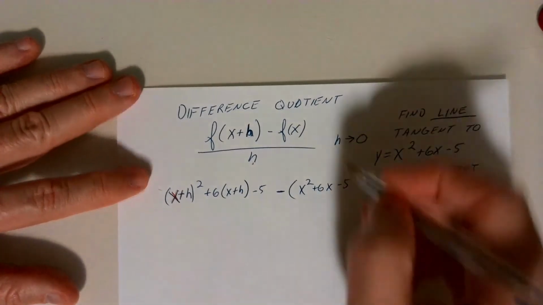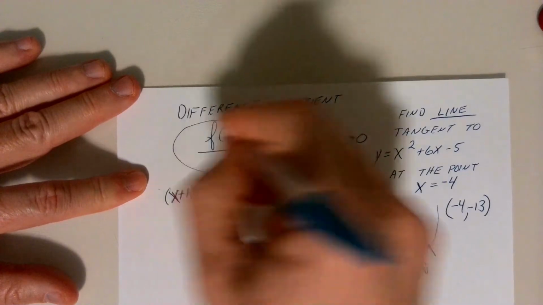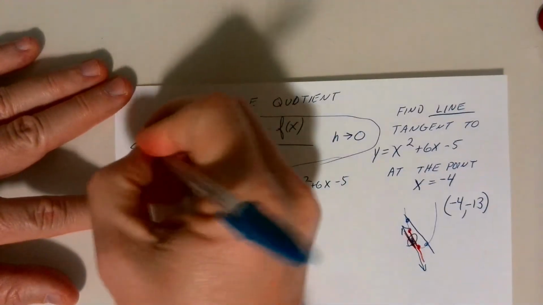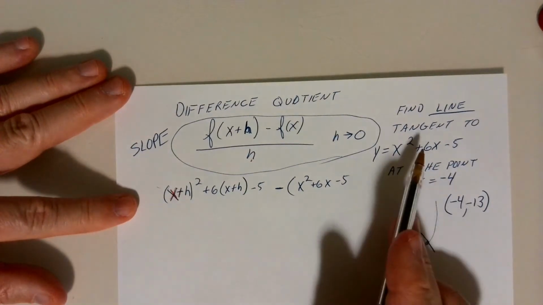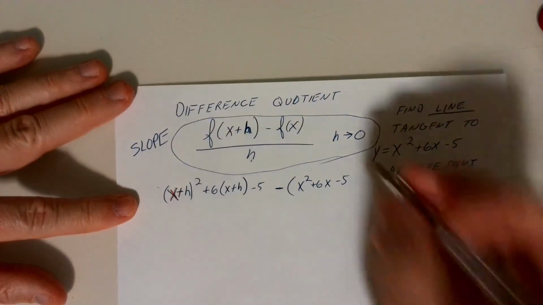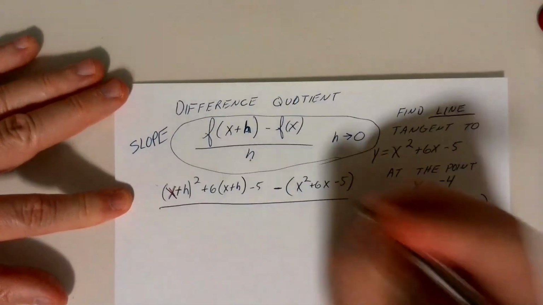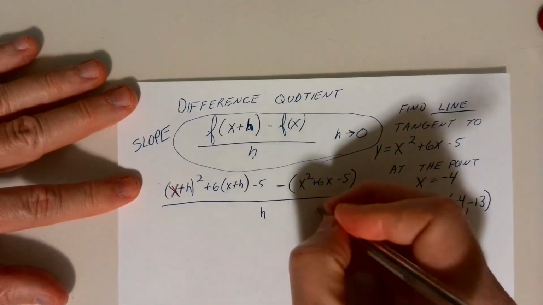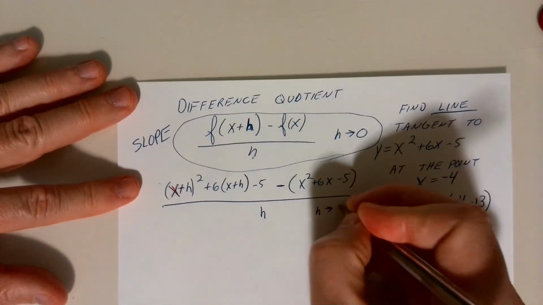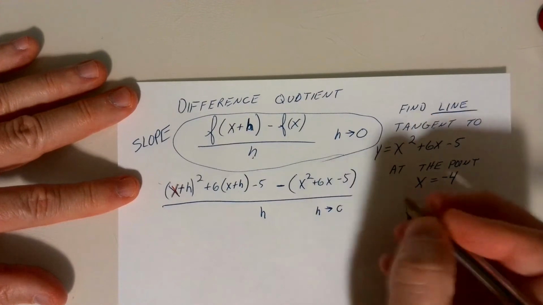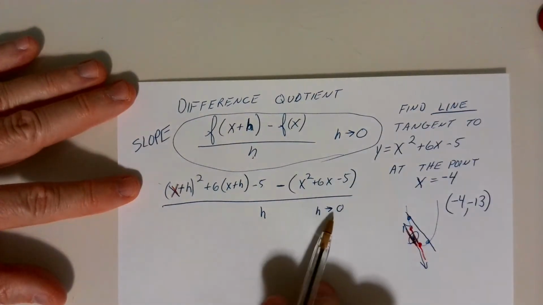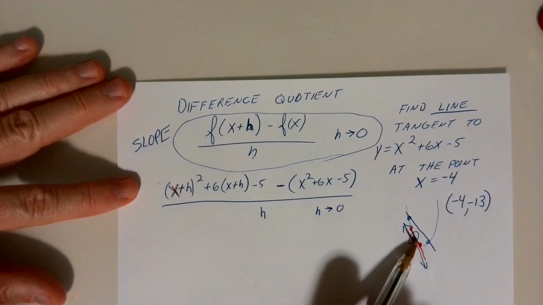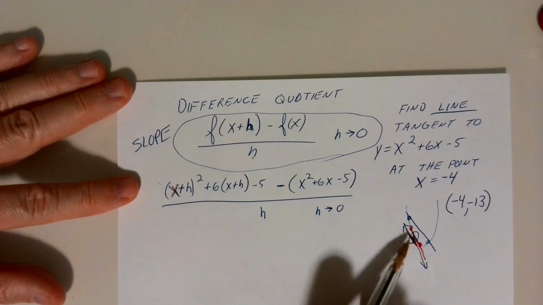Remember, this is going to find me the slope of this line. It's not going to find me the equation. I've got to get the slope first. This is all over h as h heads towards 0. h gets so small, so tiny, that it's almost indecipherable, like a billionth of an inch away.